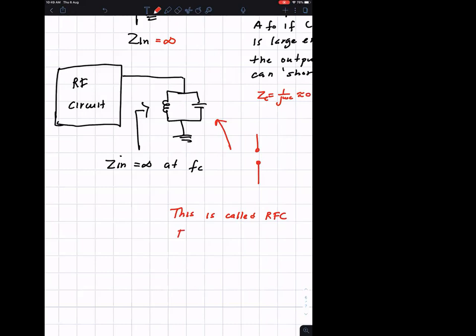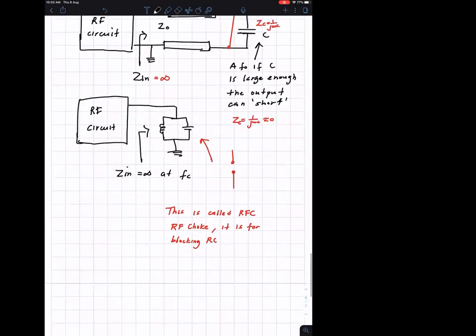RF choke. An RF choke will block the RF. It is for blocking the RF signal.